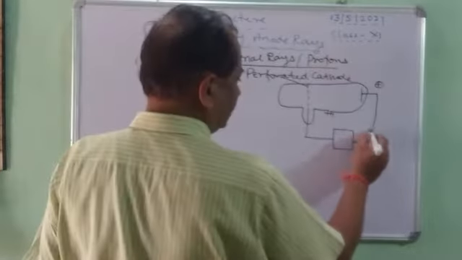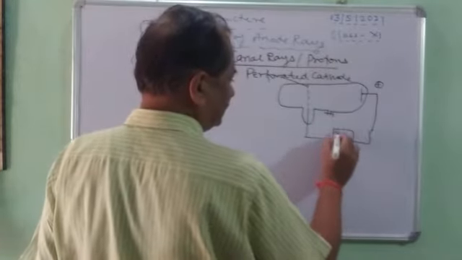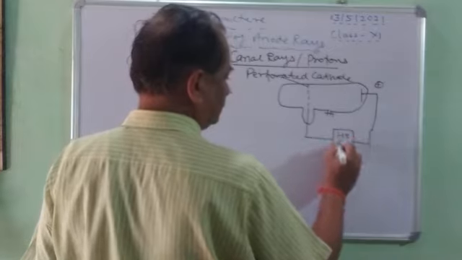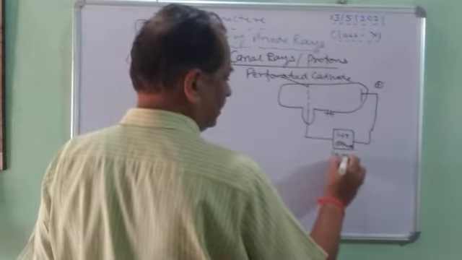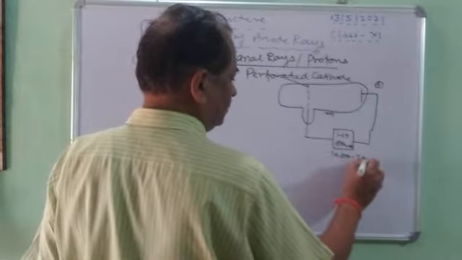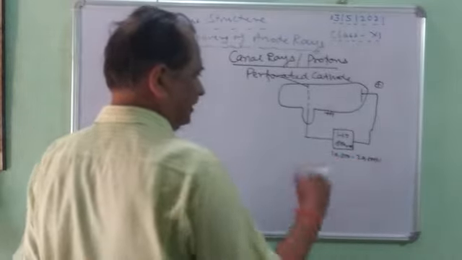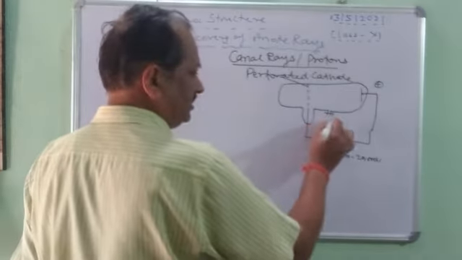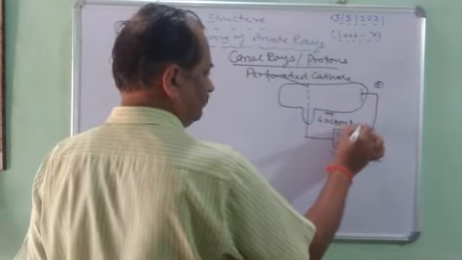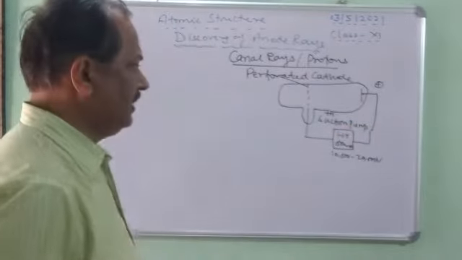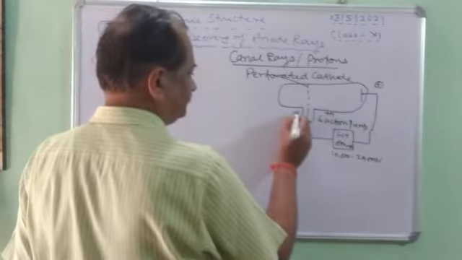And here, of course, there is a high tension source. It gives around 10,000 to 20,000 volts. This is the suction pump to suck the air, and here it is the anode.